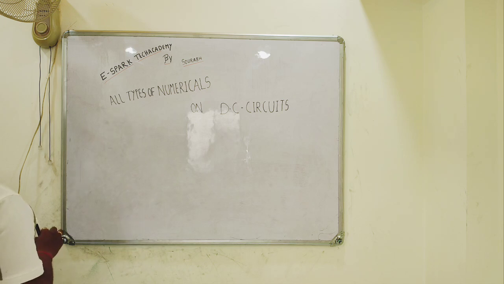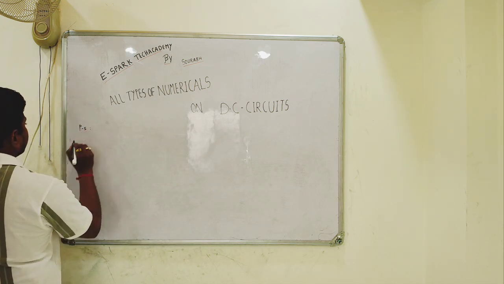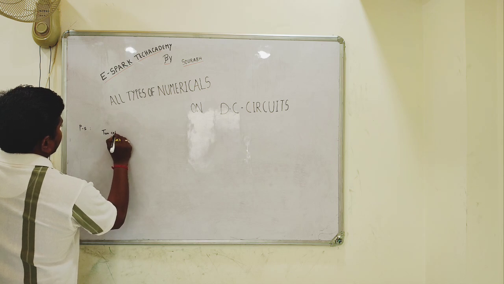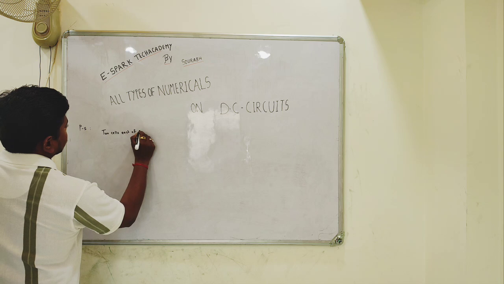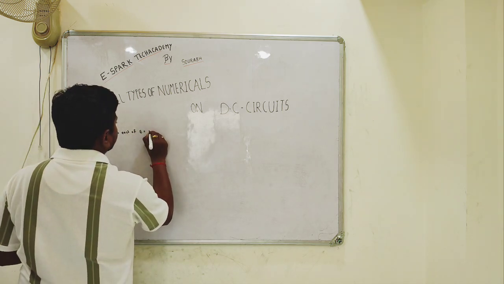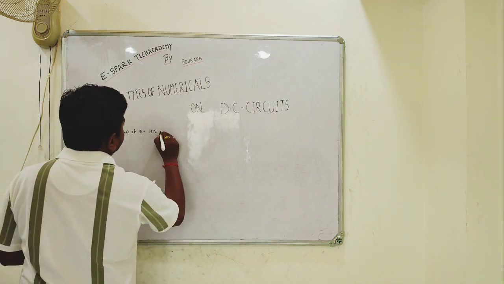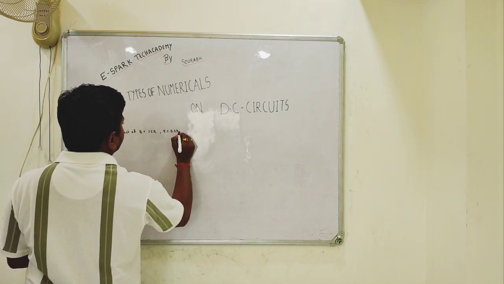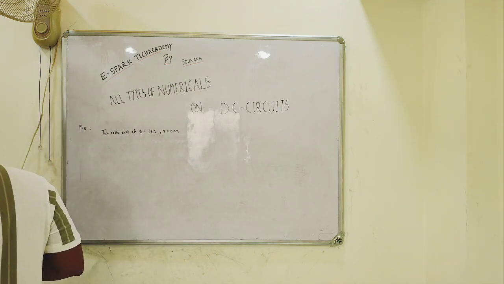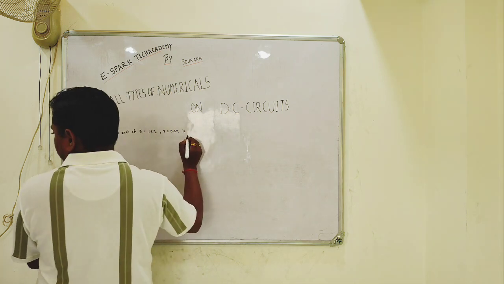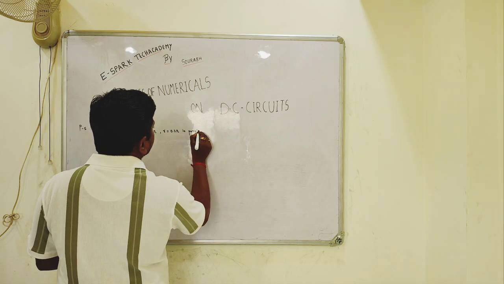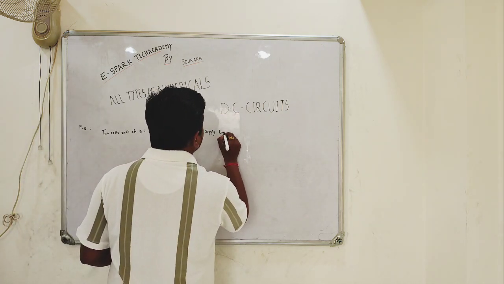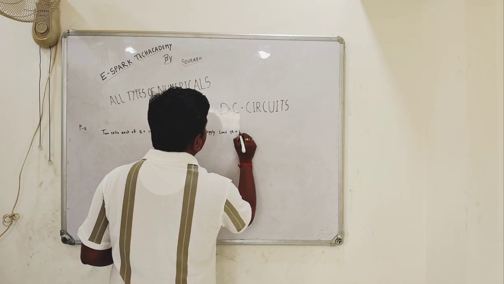Now, a very important concept we will get in problem 5. The concept is when two cells, each of E equal to 1.5 volt and having internal resistance of 0.3 ohm, are in parallel, they supply a load R equal to 1 ohm.